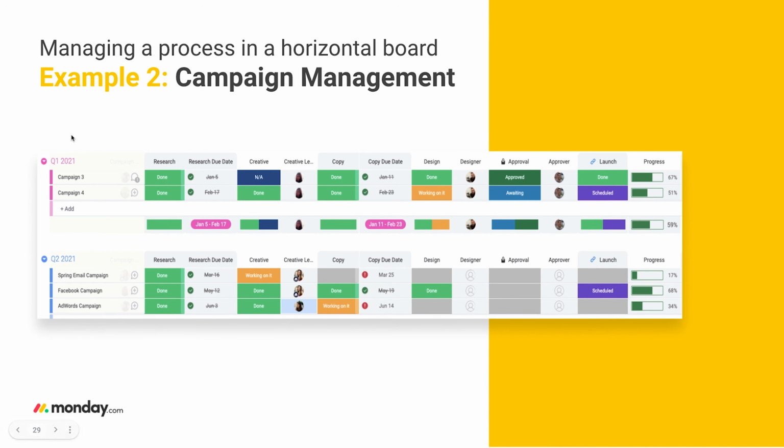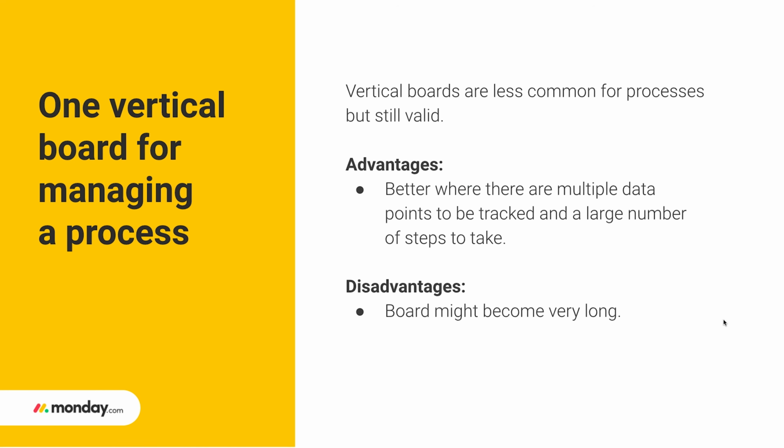Cool. So now we've talked about the horizontal workflow for a process and how that's typically the best option. That in combination with hybrid, which we'll talk a little bit about. But I also want to show you how you can use a vertical structure to manage a process as well, if that feels like it will fit your team more.